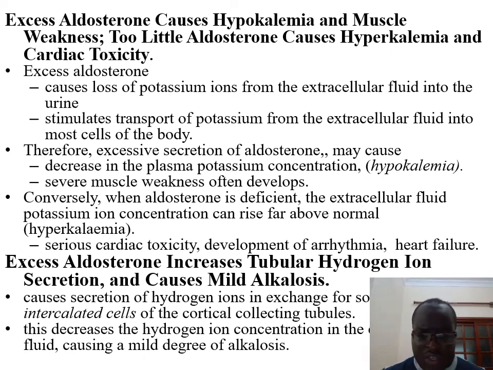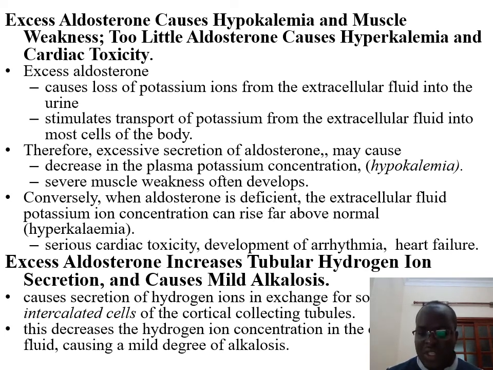Excess aldosterone increases tubular hydrogen ion secretion and causes mild alkalosis. Here you also need to know that if you have an excessive amount of aldosterone, you are reabsorbing much of the sodium in exchange for potassium. That potassium in the intercalated cells will be exchanged with the hydrogen ions.